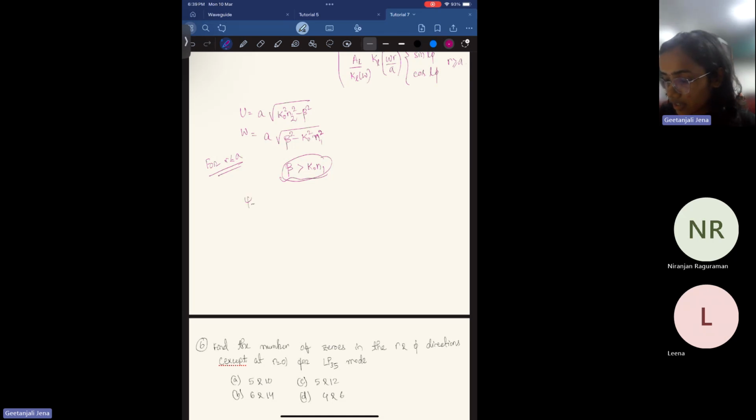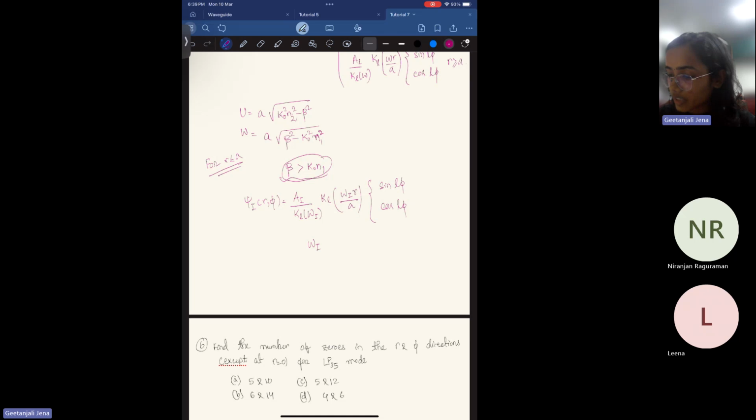So psi in region 1, R5, it would be A1 K_L(W1 R by A) sin L5 and cos L5.